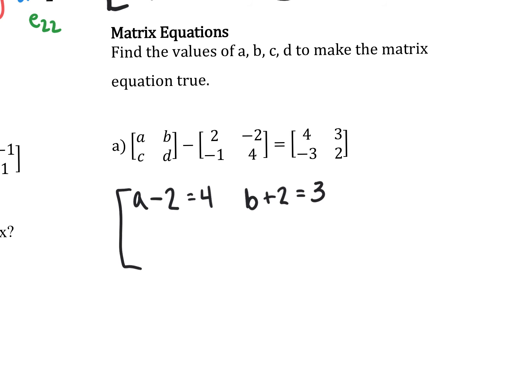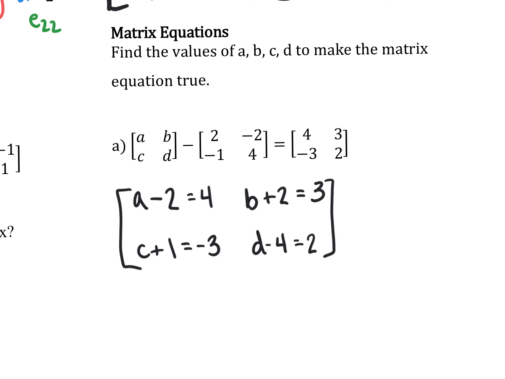I know when I do C minus a minus 1, so that's C plus 1, that has to equal negative 3. And I know when I do D minus 4, that has to equal what? These are called matrix equations, all right? All I have to do is go solve for each variable now, all right?